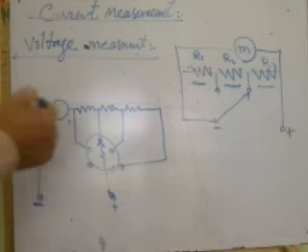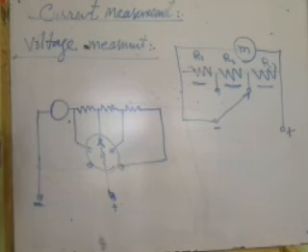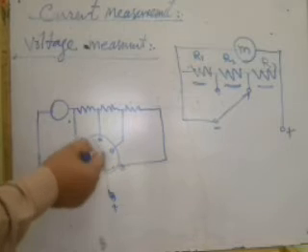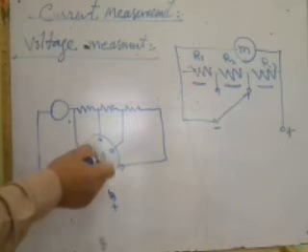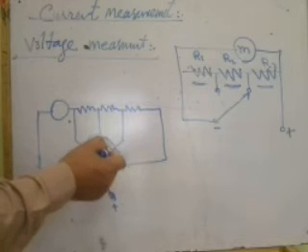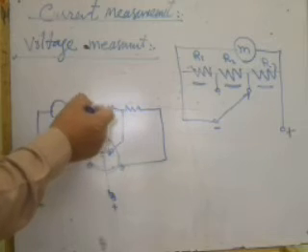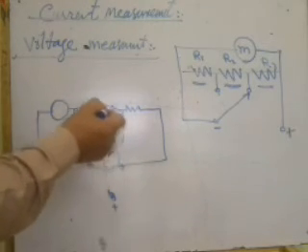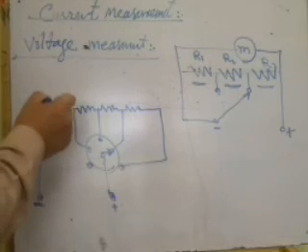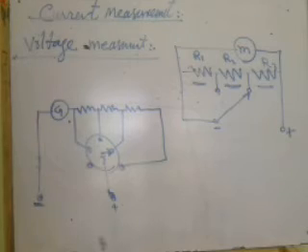Say for example, if we want to measure some higher values of the voltage, we will connect this positive knob to this terminal, and now these two resistances will be included in the circuit, and we will have a different range of the values for the voltage measurement, and so on.